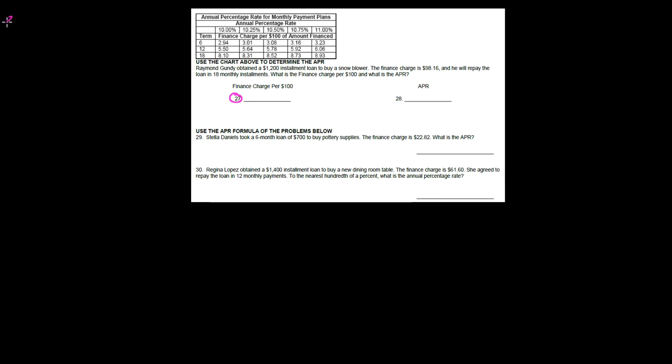So for 27, the formula that we use is FP, the finance price paid per $100. It's 100 times the finance charge over the financed amount.